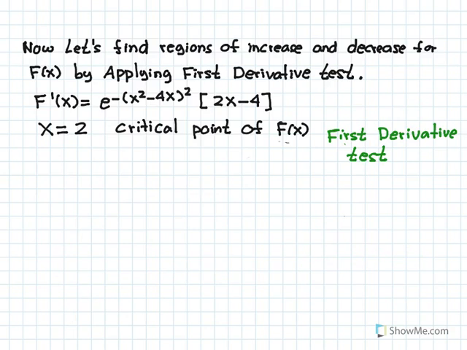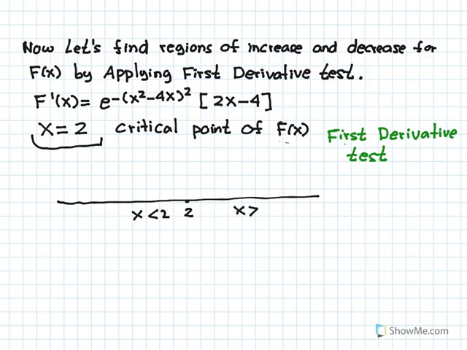All right, so now let's find regions of increase and decrease for F of x by applying the first derivative test. The only critical point we have is x equals 2. Let's draw a line. Here is x equals 2, x less than 2, x bigger than 2. So when x is less than 2, for example, x equals 1, let's plug that into the first derivative.